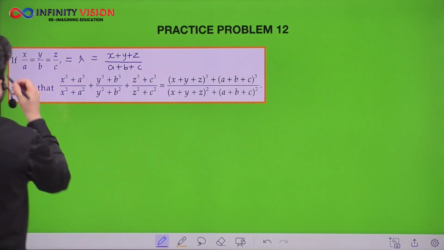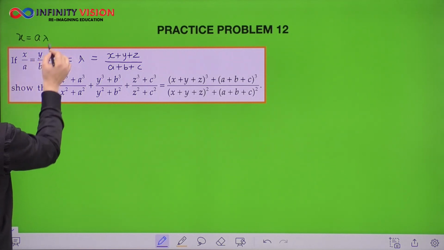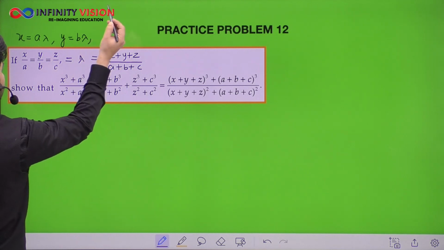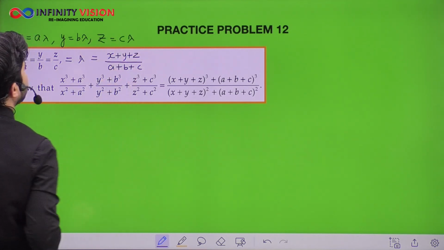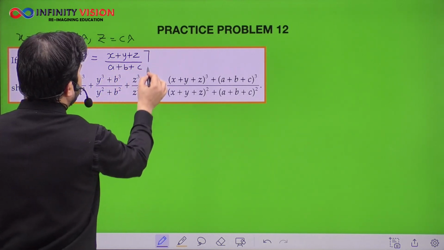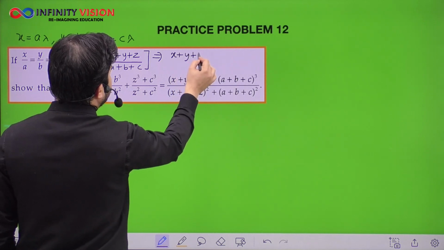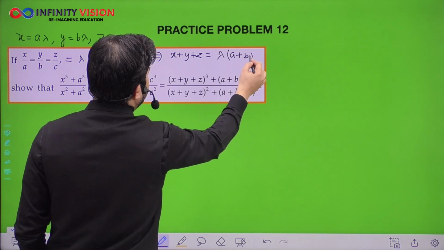Now I can say that x is equivalent to a lambda, y is equivalent to b lambda, and z is equivalent to c lambda. And using this you can say x plus y plus z is equivalent to lambda into a plus b plus c.